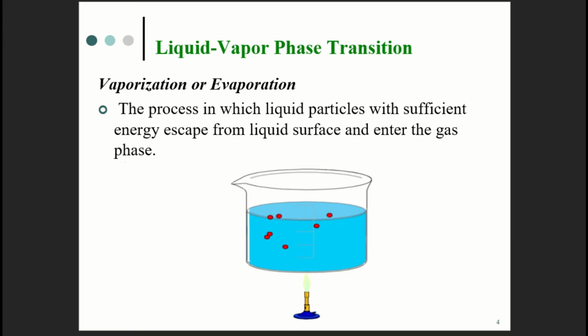They can move or phase transition to gas. Once they have enough energy, they can escape from the liquid state. Okay? And that's how vaporization or evaporation works. It's a process wherein liquid particles escape into the gas phase.